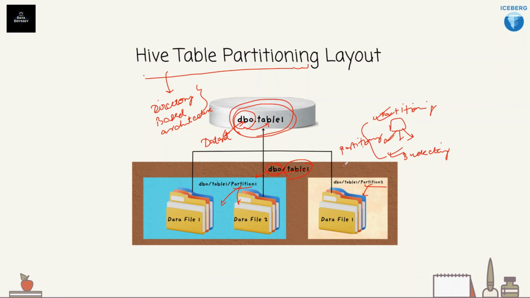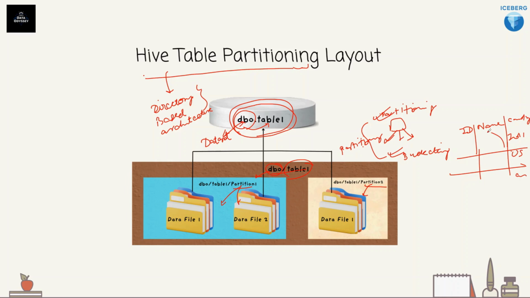Suppose you have a data set which has id, name, and then maybe country. If you tell the table format that you want to divide this data set into countries, so here we have India, then US, then Canada.